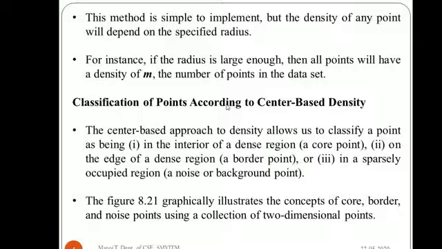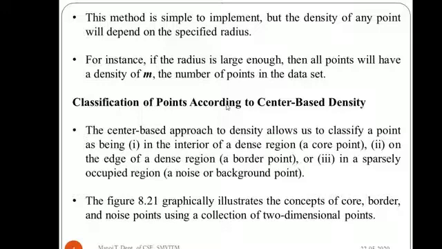If you increase the radius, more points can come in, but it depends upon how the data points are exactly spread. It doesn't always mean that increasing the radius will get more points. For instance, if the radius is large enough, then all the points will have a density of m, the number of points in the data set.